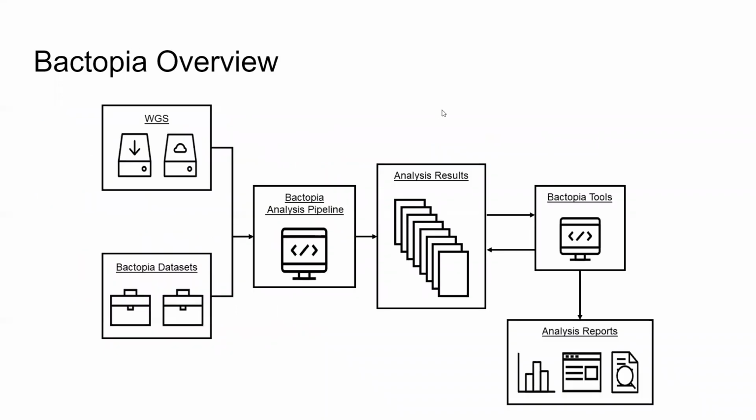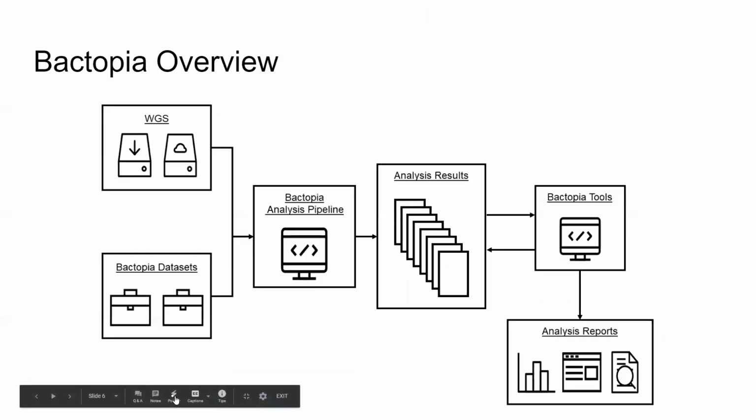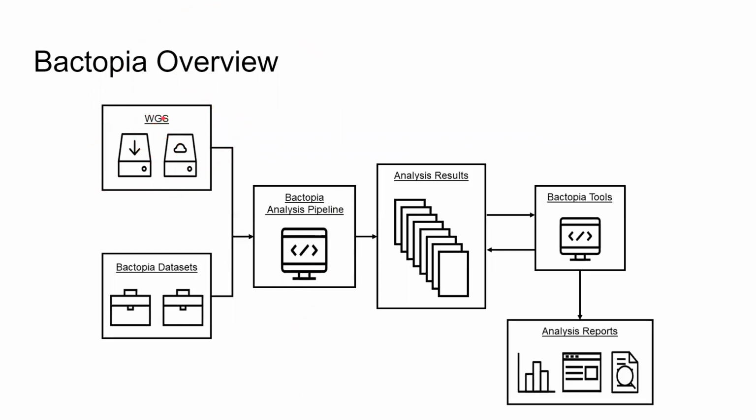So to put it all in one little diagram, let me get the pointer. Basically you take your inputs, that could be either from your local machine or from ENA or SRA. Bactopia will download ENA and SRA accessions for you and process them.